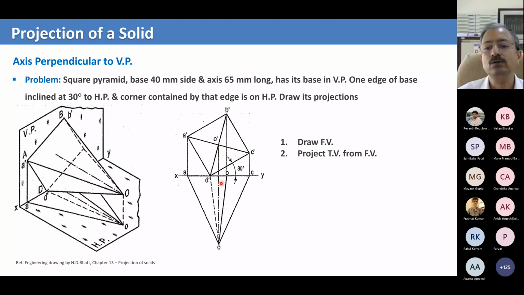From O, we're going to draw a projected line, and you keep drawing that until what? How do you make the 65 millimeters? How do you get that? Is O dash 65 millimeters? How will you get the point O, is what I'm asking you. Answers.